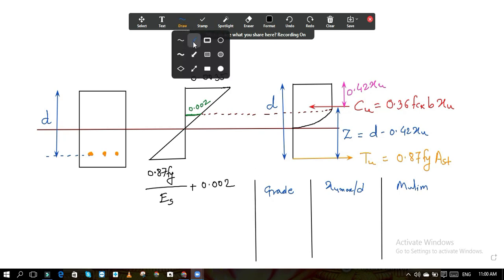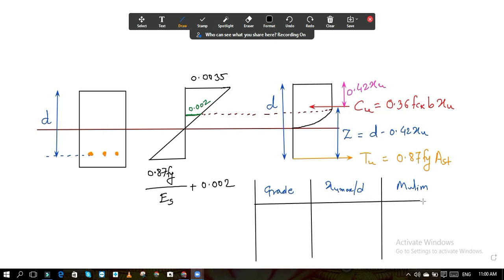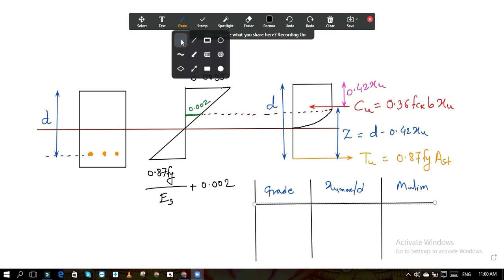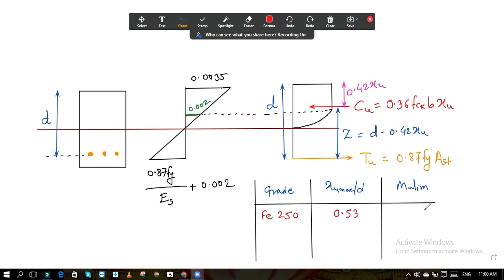First, if Fe250 is there, what is the ratio Xu max by d? It is 0.53. This is also given in IS code. And what is the Mu limiting, that is moment of resistance? 0.148 fck bd square. This formula we have used quite several times.